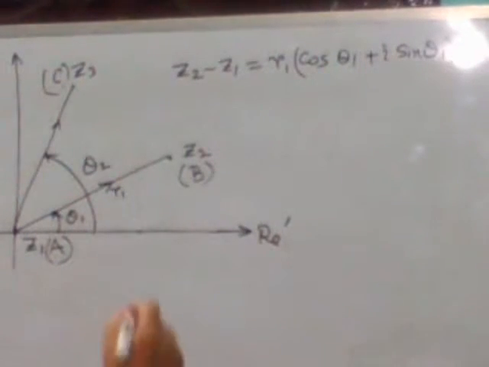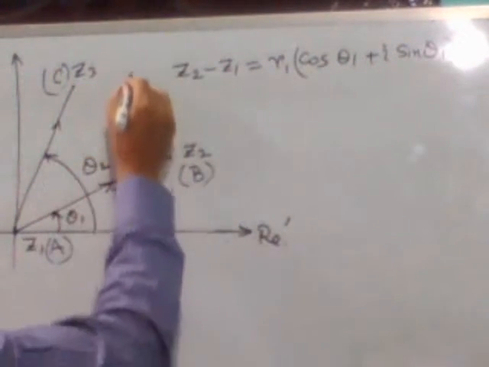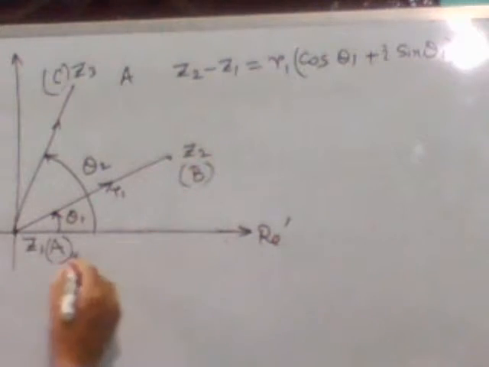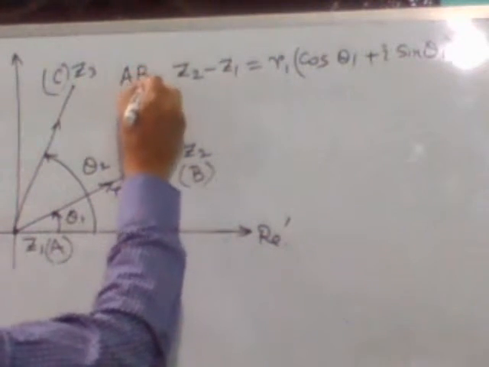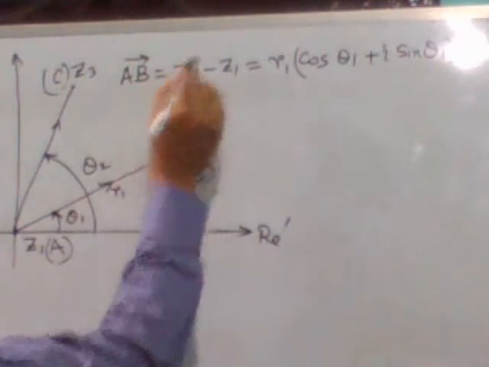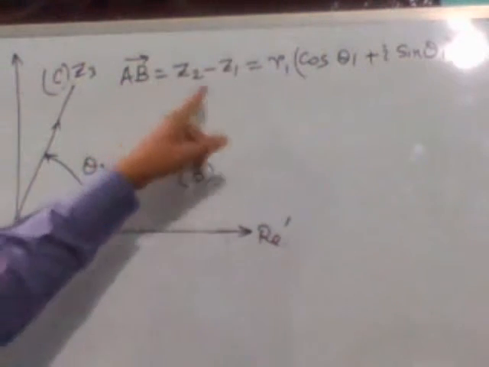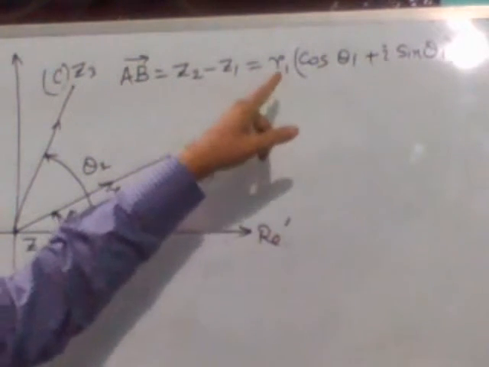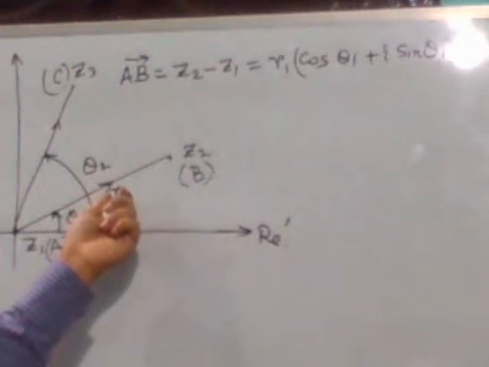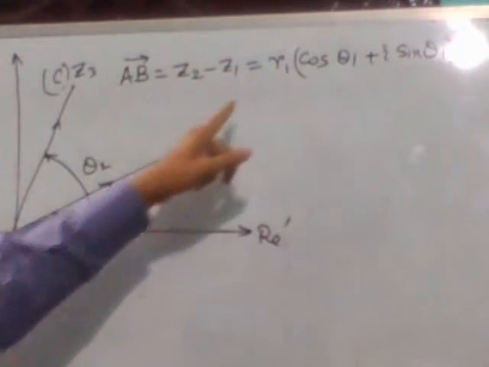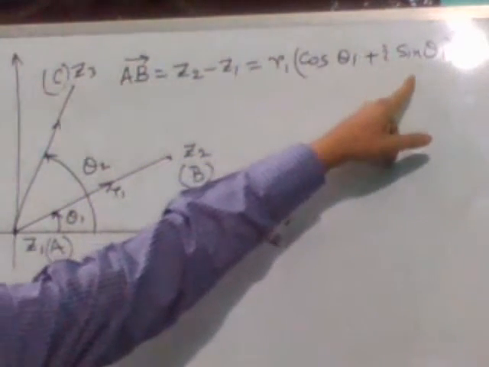Okay. Similarly, this is actually the vector equation of AB. So AB vector can be represented as Z2 minus Z1, and that is equal to R1, where R1 is the length of this vector, into cos theta 1 plus I sin theta 1.